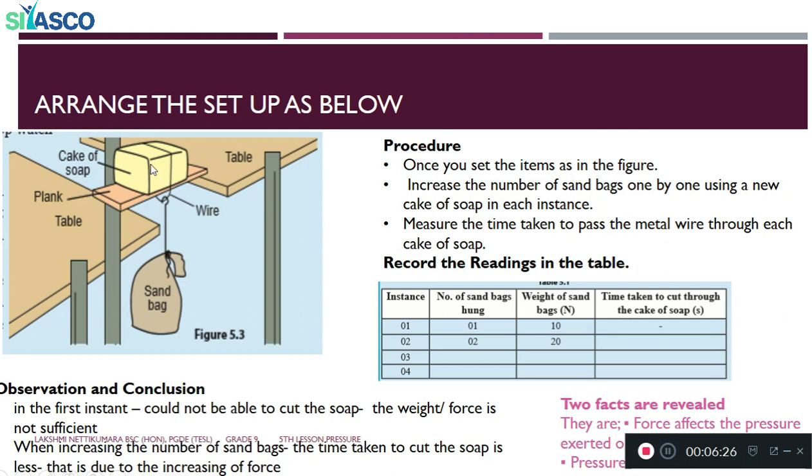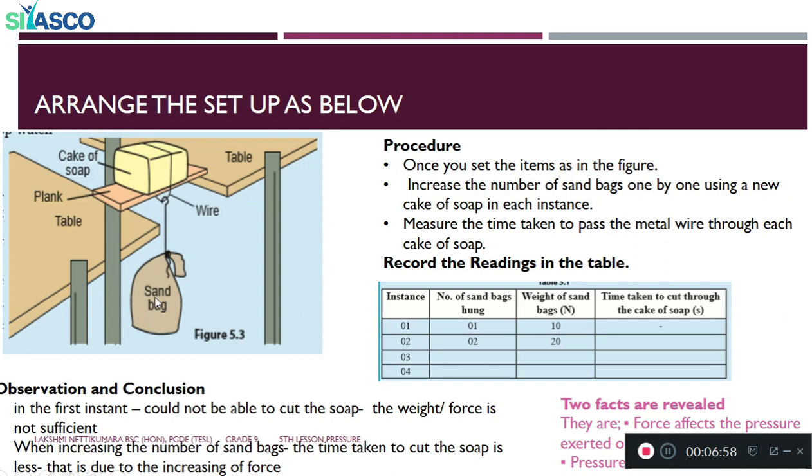Put another cake of soap and hang the hook. Insert two sandbags and again get the time taken to cut through the cake of soap. Likewise, increase the number of sandbags, thereby increasing the weight, and measure the time taken to cut the soap into two.